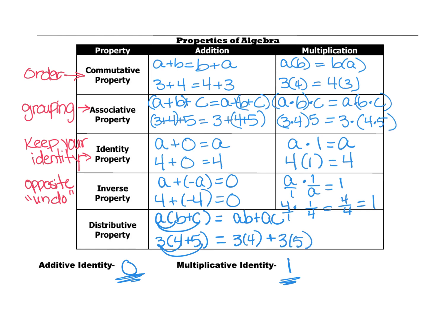Now you're going to usually see that by using variables in there, and so a lot of times you don't see it that way. But let's take a look at the left side. I'd have to start by taking 4 plus 5, which is 9, and 9 times 3 is equal to 27. If I look at the right side, I'd have 3 times 4 first, which is 12. And then I'd have 3 times 5, which is 15. I'd add those together, and I would get 27 there as well.